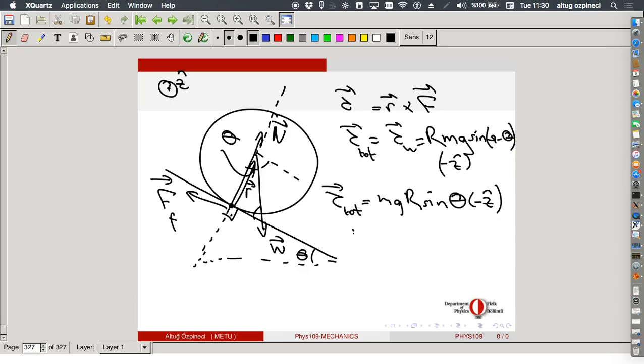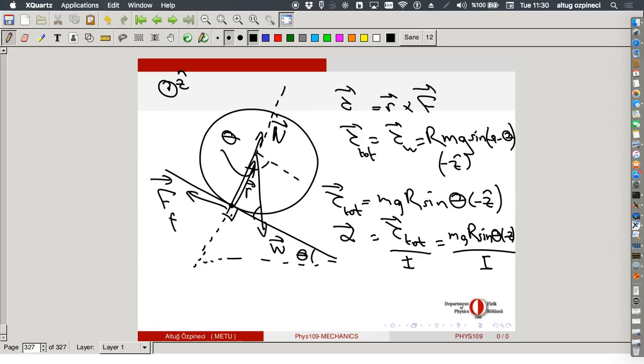Now, what about the angular acceleration? It is the torque divided by the moment of inertia. This is equal to mgr sine theta in the minus z. Well, assuming it's a wheel, the moment of inertia is mr squared. No. I will just keep it to be I. It's not mr squared.